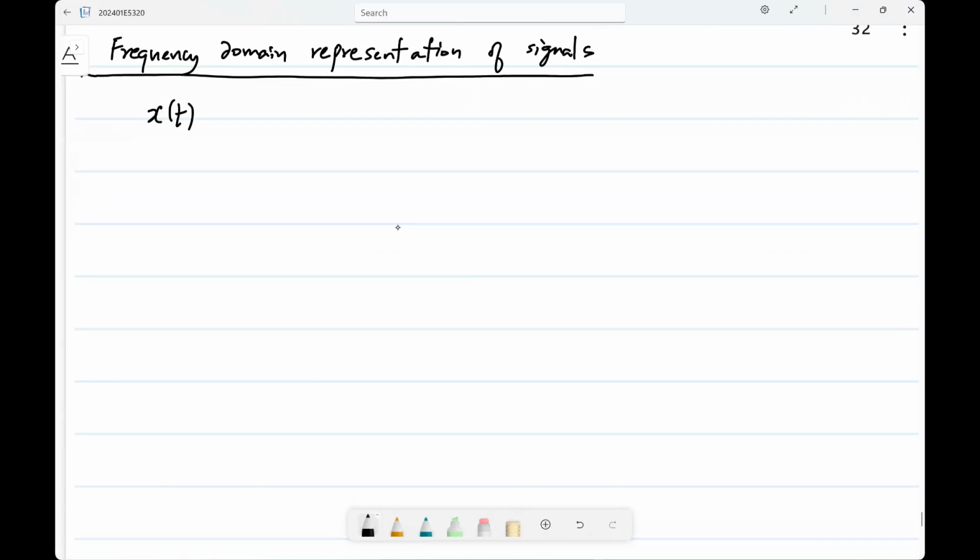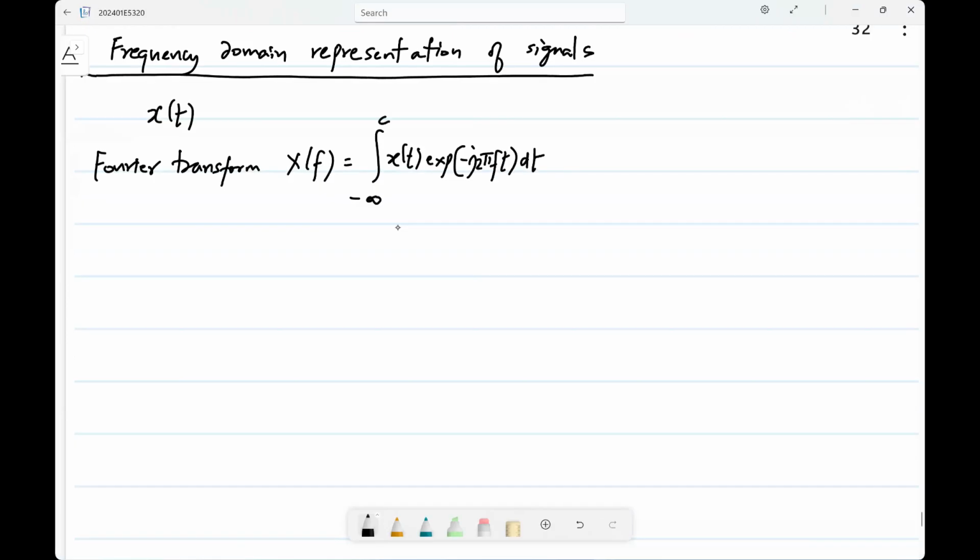So the Fourier transform x of f is the integral of x of t times the complex exponential. You can calculate this, and of course you can do calculations in the Fourier domain, which is easier in many cases, and then come back to the time domain by inverting the Fourier transform.